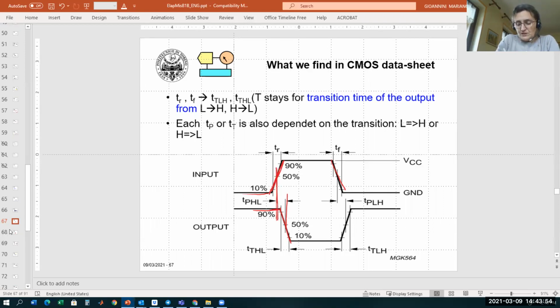We always have a delay between the variation of the input and the variation of the output. In this lesson, we want to understand why we have these delays. Where are these delays coming from?